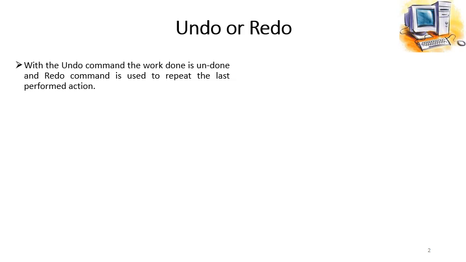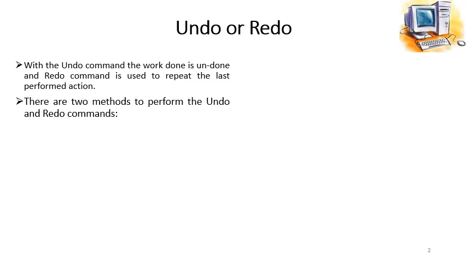Whenever we apply the redo command, the last performed action is repeated again. So this functionality is available in MS Word, that we can undo the task, and after undoing the task we can also redo the same thing again and again. So this is the purpose of undo and redo commands in the MS Word document. You will understand it even more clearly when we do it practically.